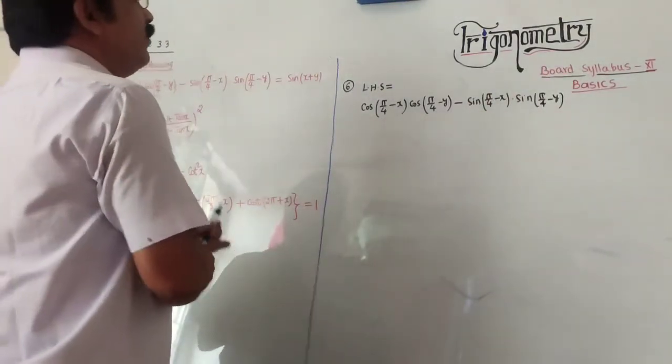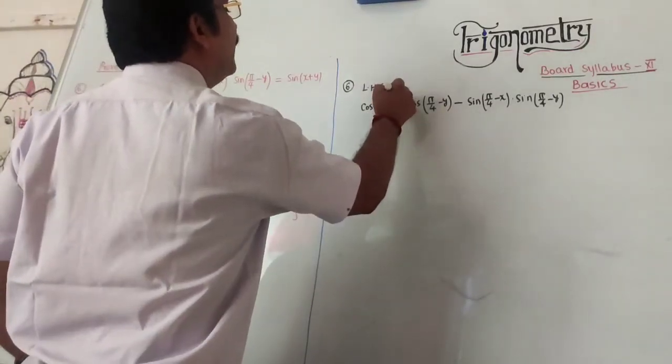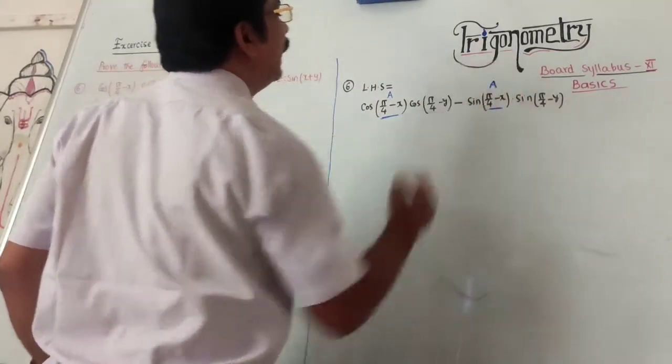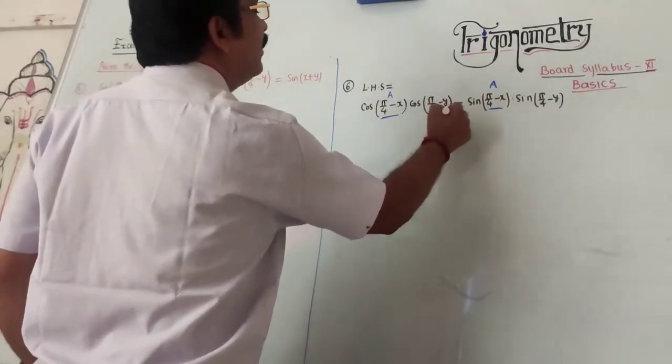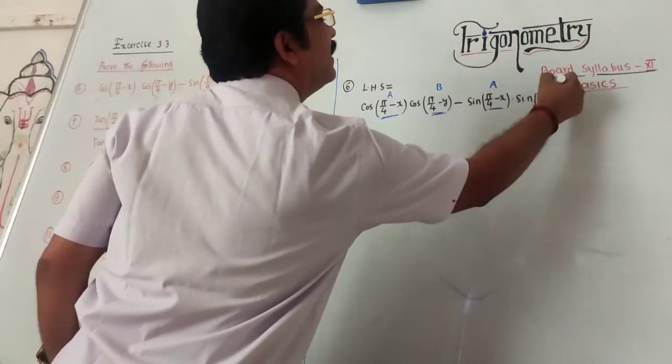Actually, pi/4 - x is the same value, repeated. Let this be capital A. Pi/4 - y, let this be B.